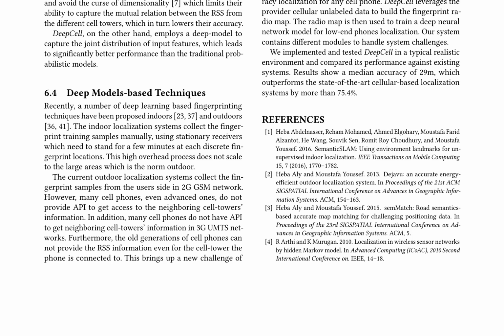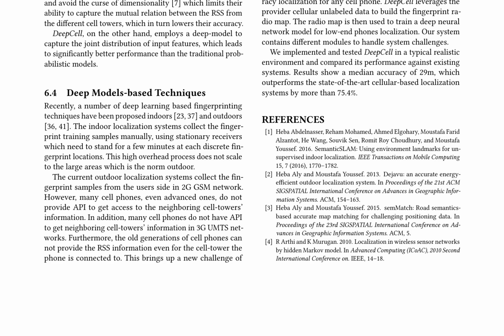In contrast to traditional fingerprint-based outdoor localization methods, DeepCell employs a crowdsourced approach, leveraging mobile devices to collect signal data and provide location information. This approach is more energy efficient and scalable than traditional methods. The system's accuracy is evaluated using a dataset of cellular signals and corresponding locations, demonstrating high accuracy in both urban and rural areas.